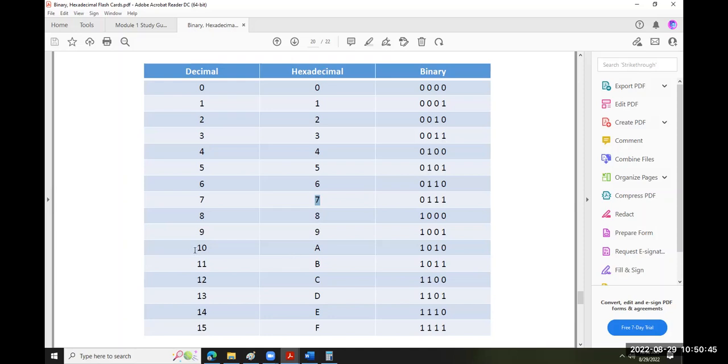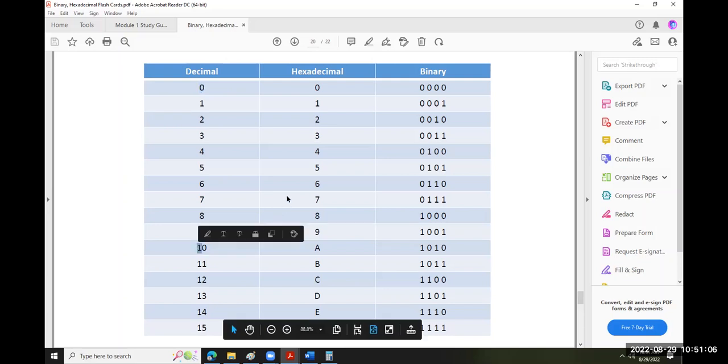It only changes when you get to 10, because we have single digit values in every number system, and the decimal system only runs from 0 to 9. It doesn't run to 10. Once you get to 10, 11, 12, now you're looking at a 2-digit decimal number, right? Hexadecimal runs from 0 to F.